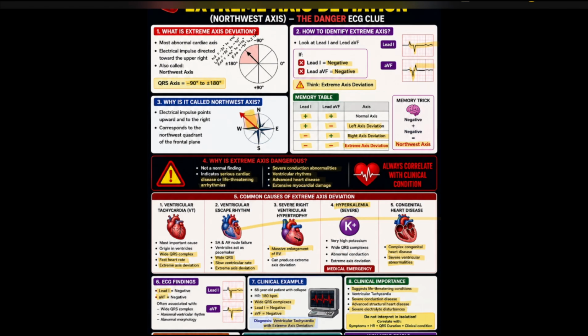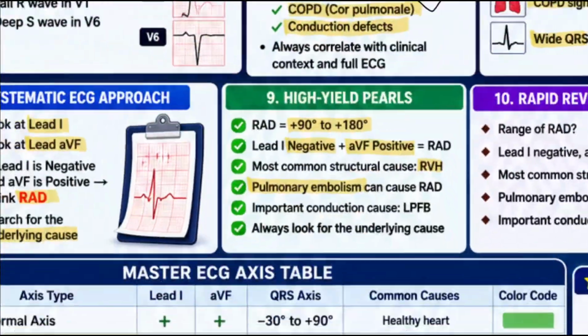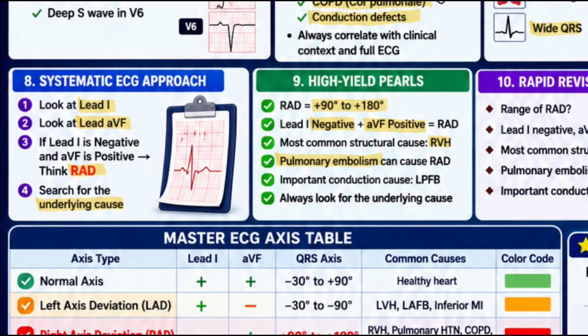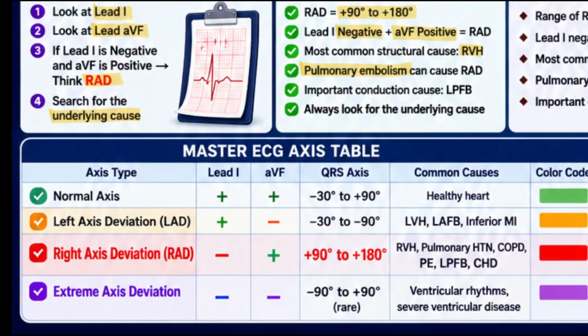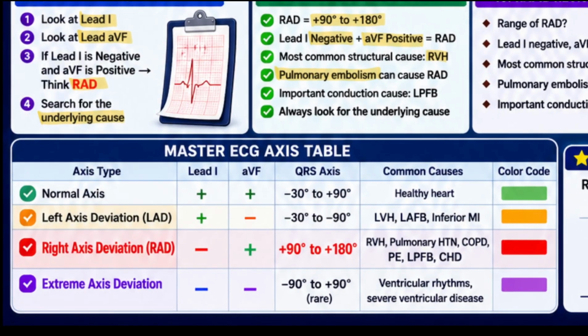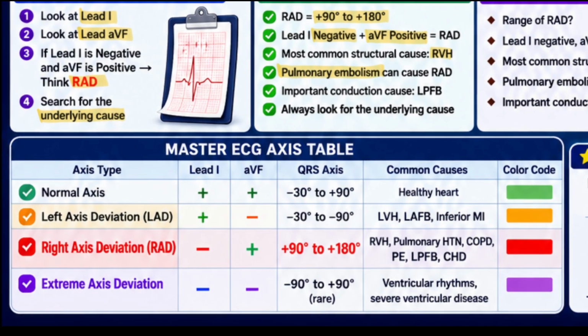So let's discuss a little about the causes of every axis. In normal axis, lead 1 will be positive and lead AVF will be positive.